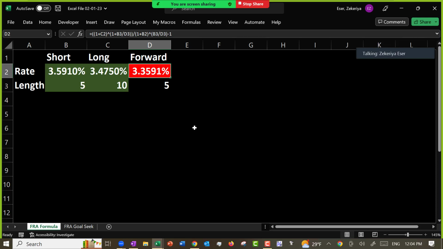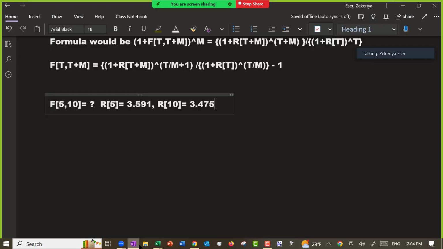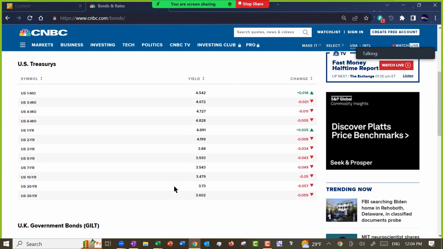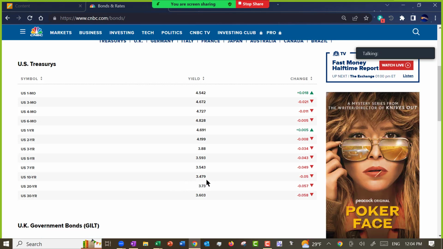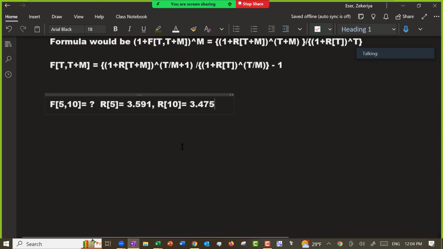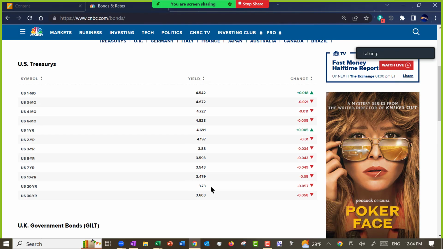When longer term interest rates are higher, forward rates tend to be even much higher because you're paying for that slope in that yield curve. For example, let's look at forward 10-20. 3.73.